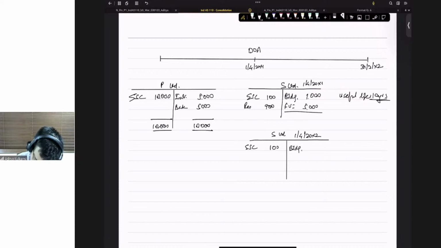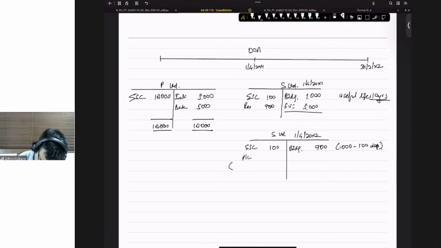Building 1,000 minus 100 on account of depreciation, so this is appearing at 900.